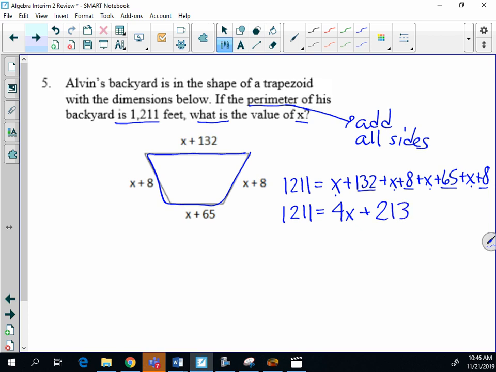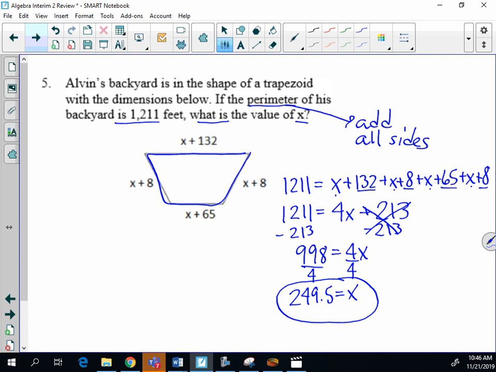Now I just have two steps to solve. I subtract 213 from both sides. I end up with 998 over here, and 4x, because that canceled to 0. Divide by 4. My value for x is 249.5.